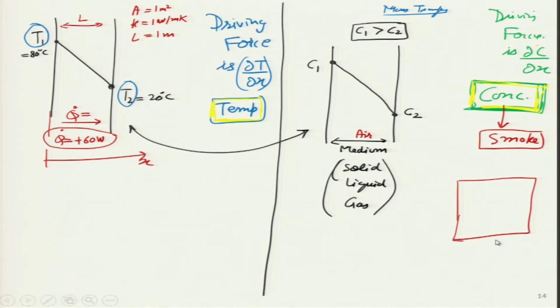What do I mean by species? Type of molecules, type of elements, type of atoms, which means if this is my room and it is totally filled with air, which I am showing in white color over here, but the smoke particles let me show in black color. So, these are the smoke particles.